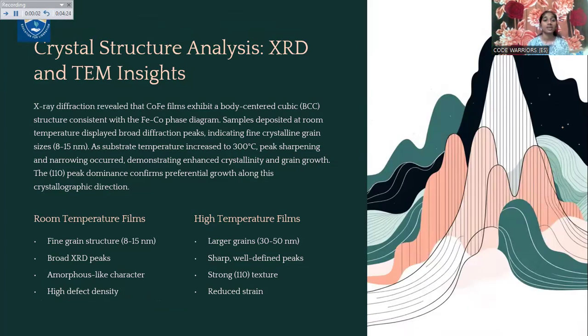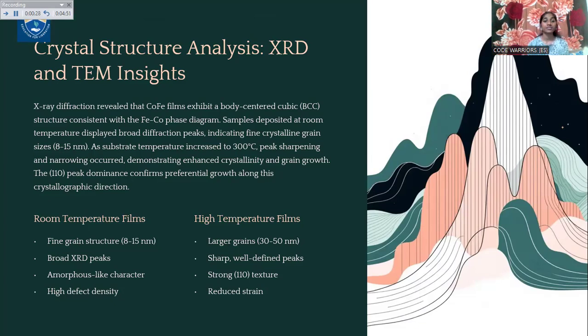Crystal structure analysis, XRD and TEM insights. X-ray diffraction revealed that CoFe films exhibit a body-centered cubic BCC structure consistent with the Fe-Co phase diagram. Samples deposited at room temperature displayed broad diffraction peaks indicating fine crystalline grain size, 8 to 15 nm.